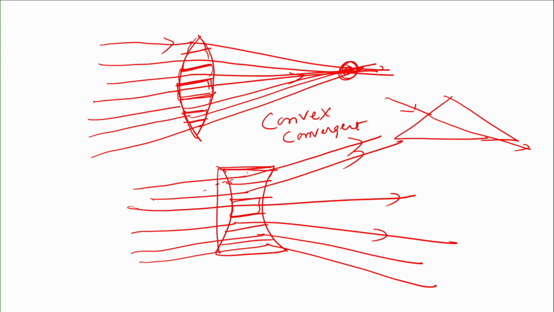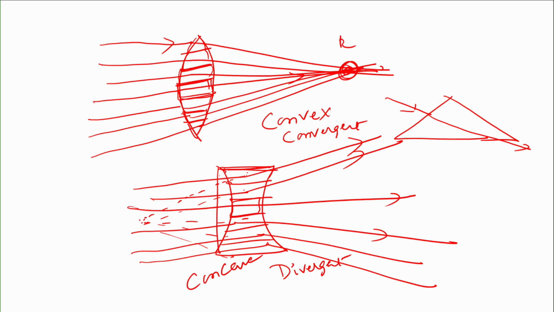When you extend these lines, the light rays diverge. In a convex lens the rays converge and form an image, but here it forms a virtual image, meaning we can't catch this image on a screen. So this is called a divergent lens. It is a concave lens. This is very important.